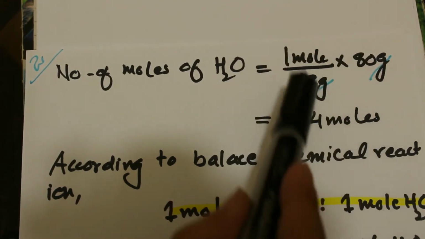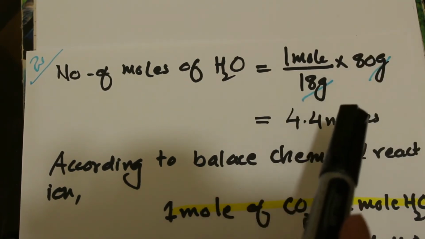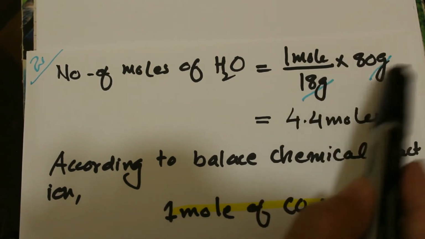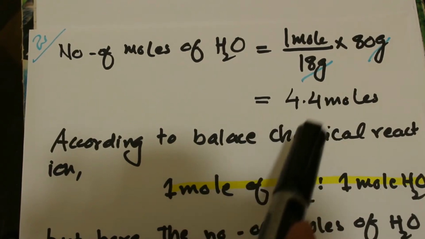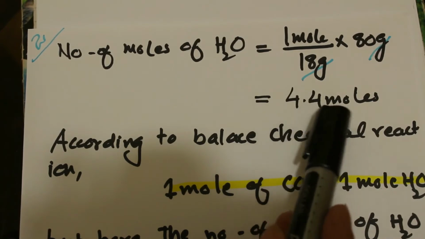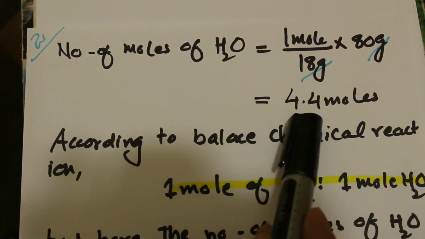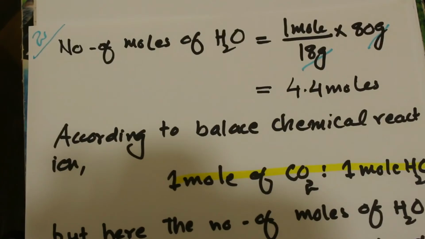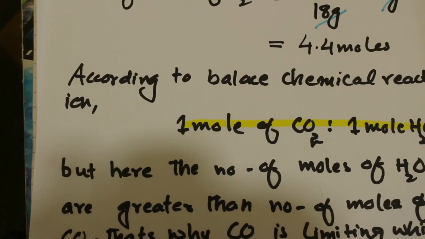Then how many moles will be contained in 80 grams of the water? What will happen here is the cancellation of these two similar units, and we are only left with moles. So the number of moles of water which forms here is 4.4.